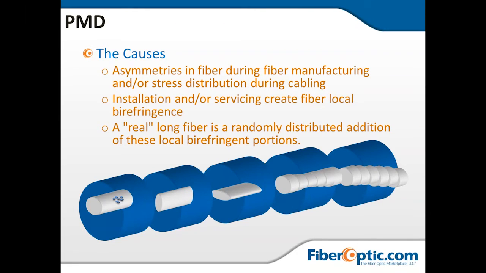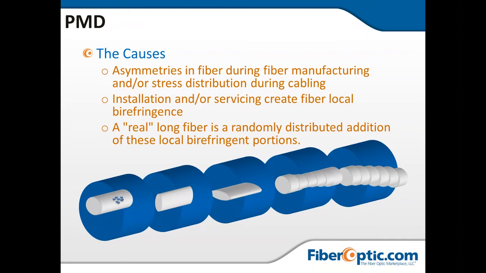The problem is that a real fiber is a randomly distributed collection of these local portions. So the stresses are not evenly spread. The stresses are not per kilometer. They're random.